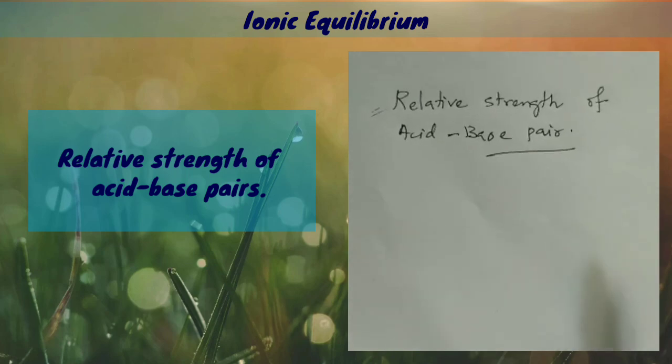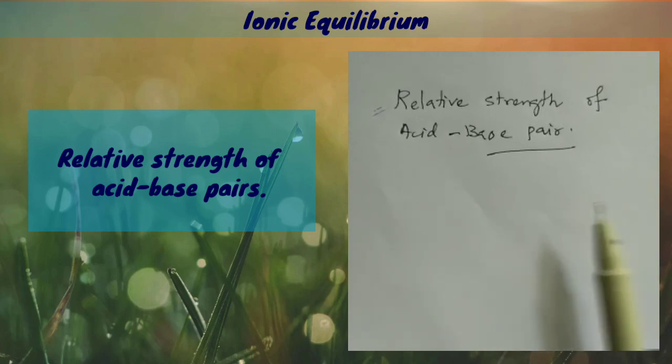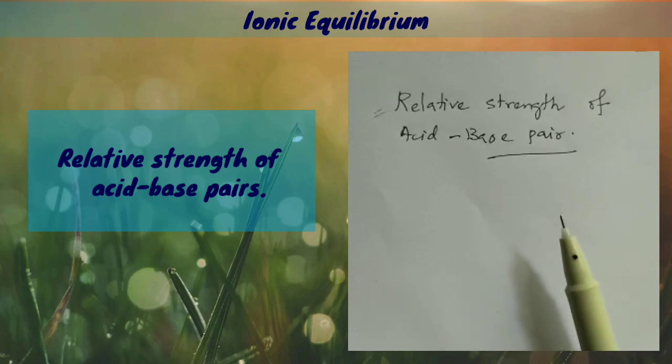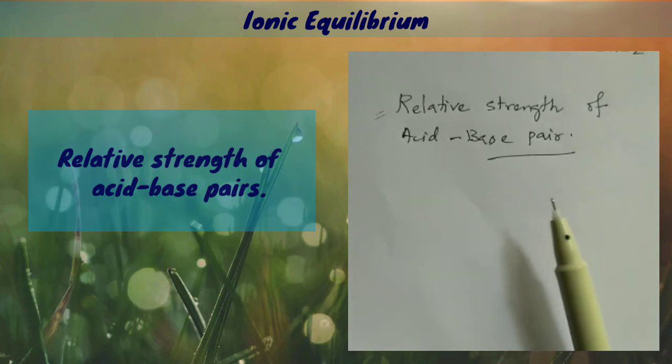If the acid acts as a weak acid, or the base acts as a weak base, then we can easily apply the equilibrium concept. Actually, we're going to extend the chemical equilibrium concept to ionic reactions.